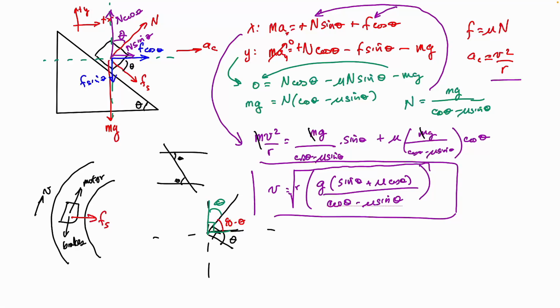Is there a speed that we can take this turn safely if friction were to completely disappear? In other words, let's say the car hits an icy patch on this banked turn up here in the mountains, right? Got some snow, got some moisture. Overnight it freezes. Car comes along. They're driving along. All of a sudden they hit an icy patch. No more friction, right? Like it's just gone.